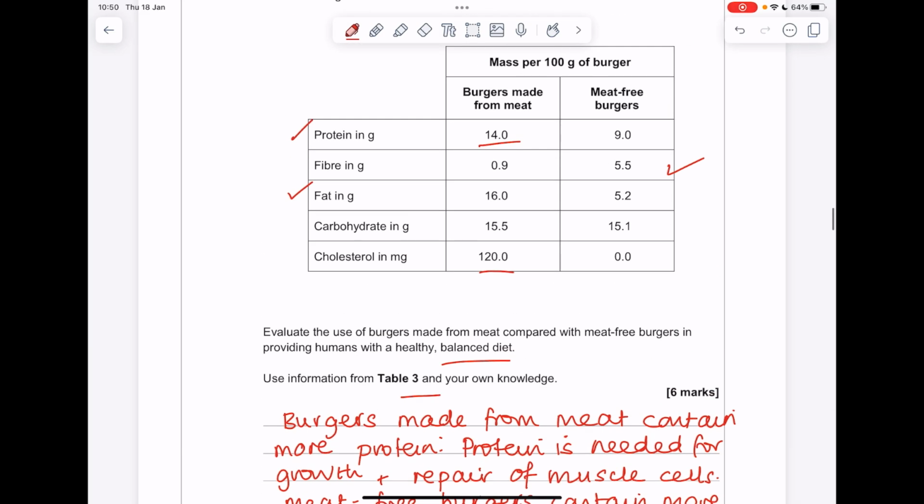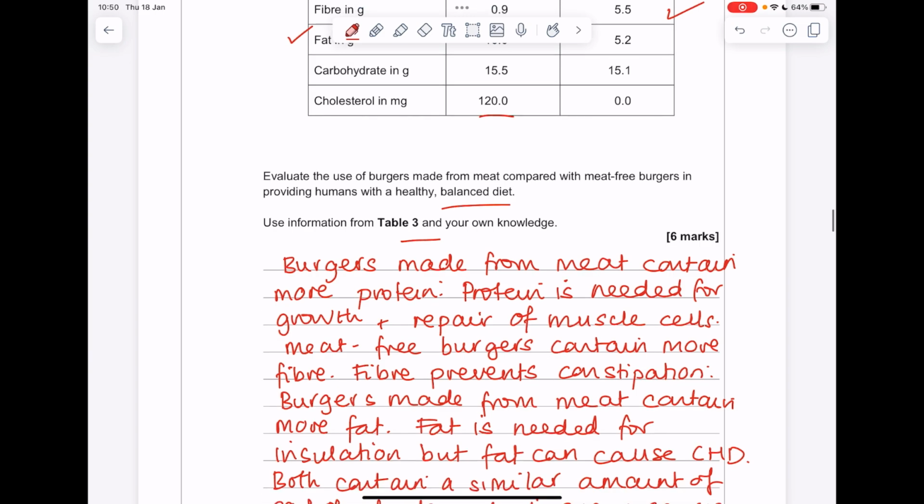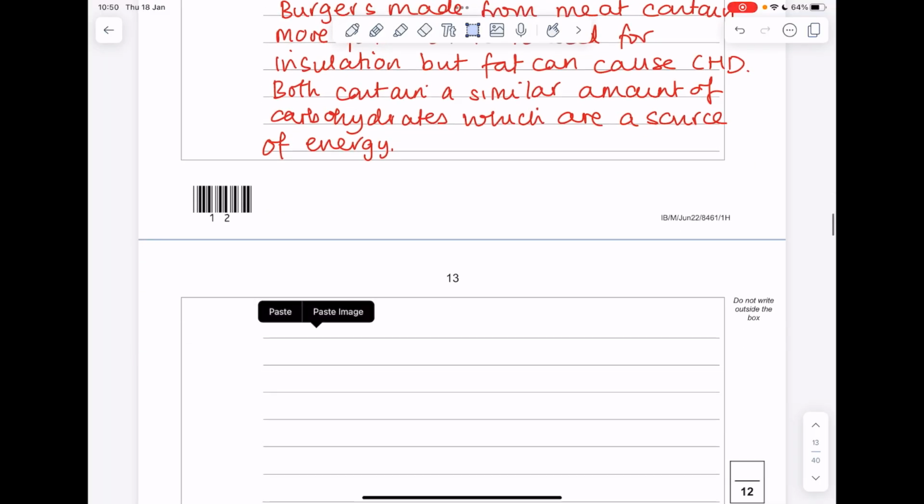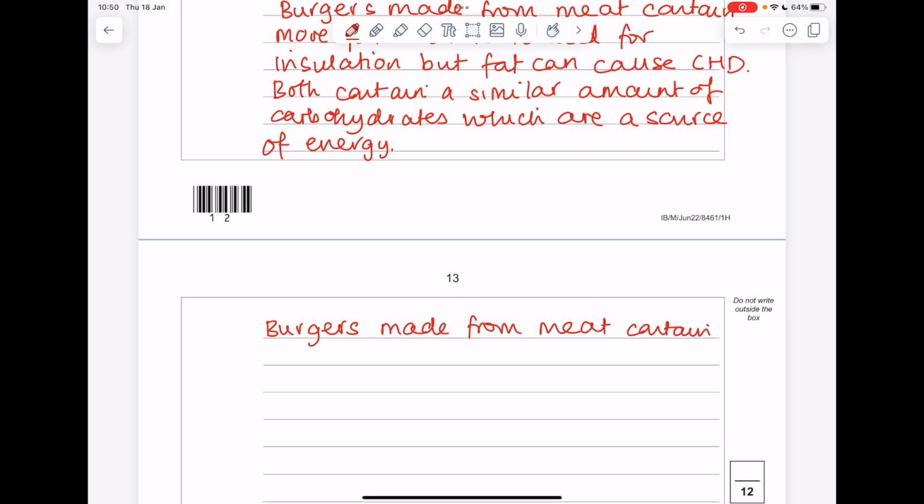Wow, look at that. Burgers made from meat contain a huge amount of cholesterol. I'm just going to copy my wording here. And again, that's a bad thing because it contributes to an increased likelihood of getting coronary heart disease.